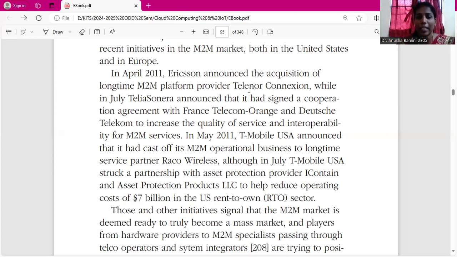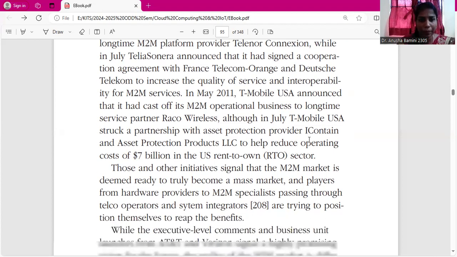In 2011, Ericsson announced and provided good support for M2M connectivity devices.